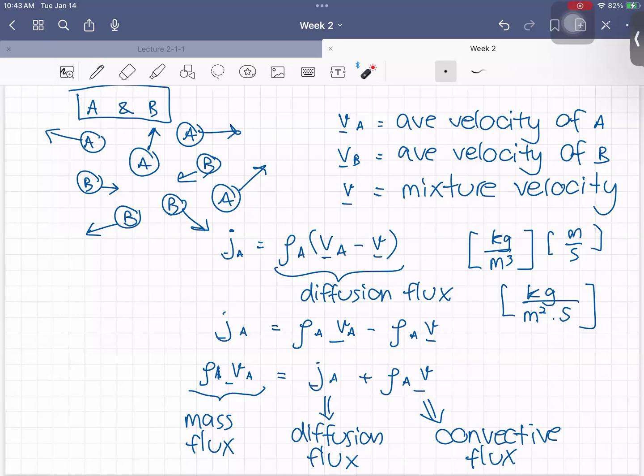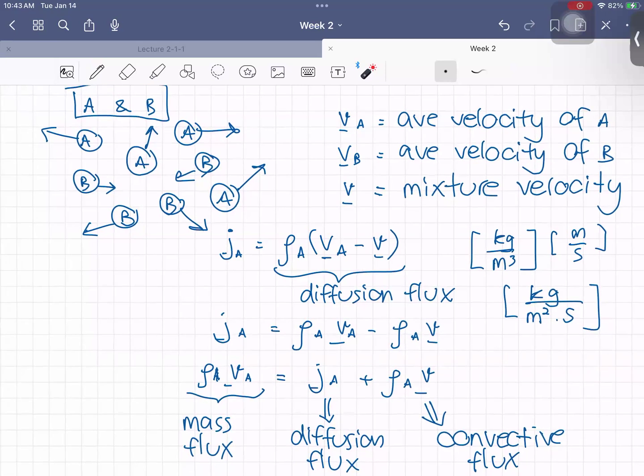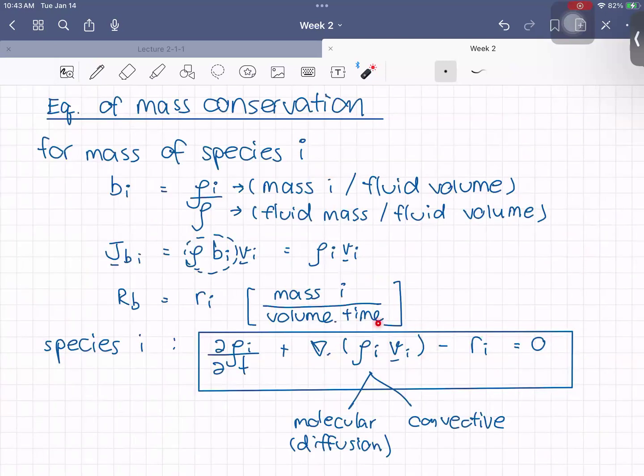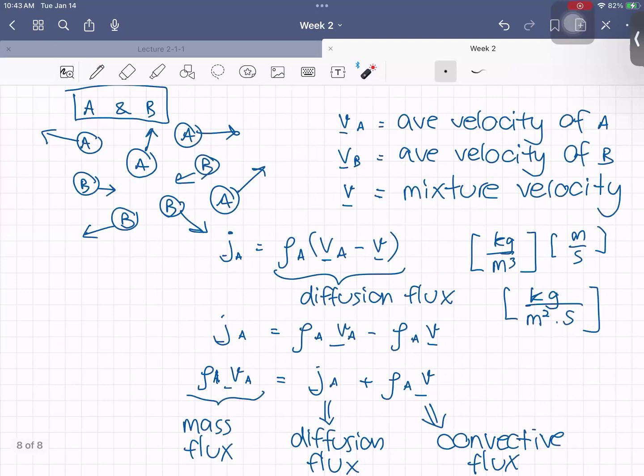Molecular transport and convective transport, which is this term and this term, okay? Are you still following? Okay, all right. Just want to check. So if I go back to the previous slide earlier, you see this term right here, rho_i v_i. So it's actually a mass flux, right?